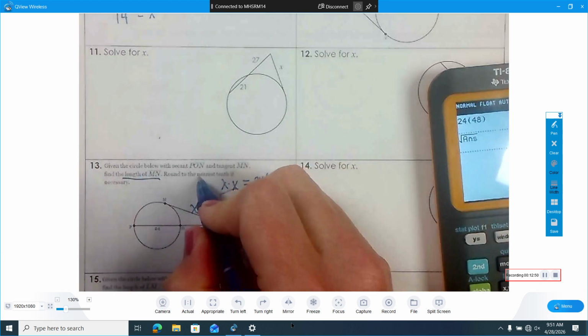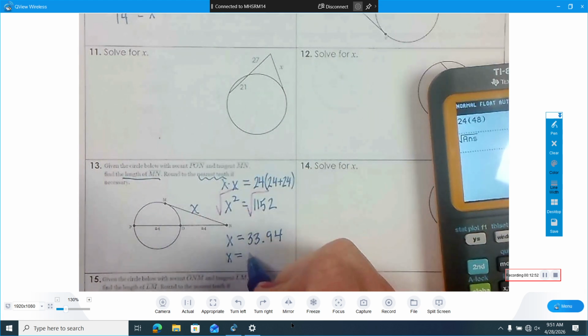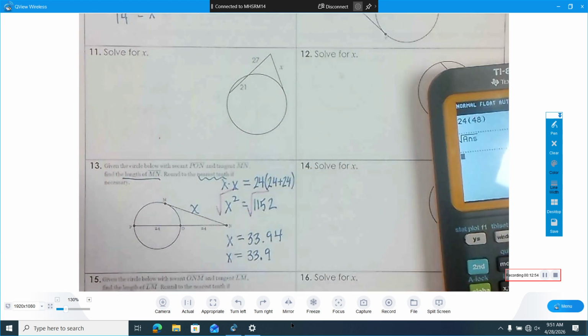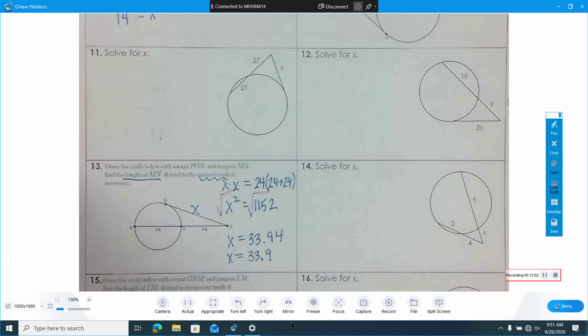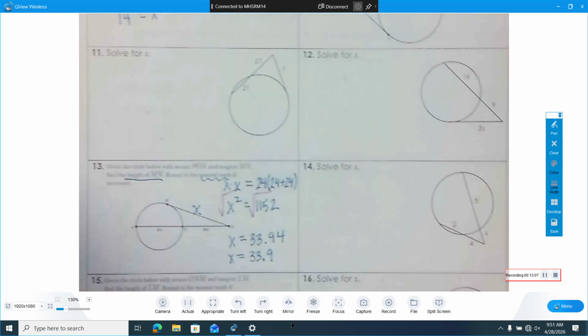It says round to the nearest tenth, so that's going to be 33.9. Good? Yeah. Do I need to do 15? No. All right, cool. You guys have a Delta Math. It's ready to go.